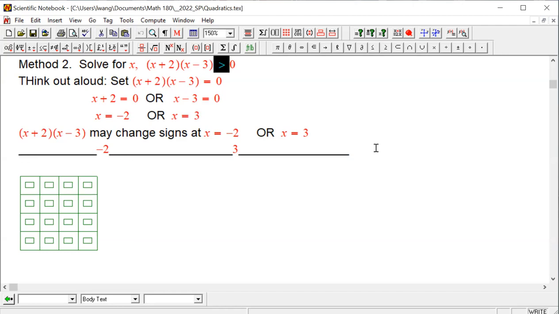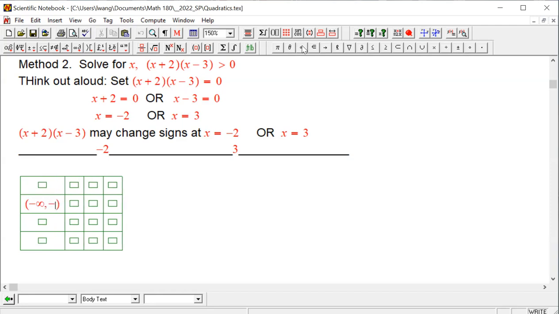So it divides the entire number line into 3 pieces, which are the 3 intervals. One is from -∞ to -2. The next interval is from -2 to 3. And the third interval is from 3 to +∞. These are the 3 intervals where we are going to observe the sign changes.